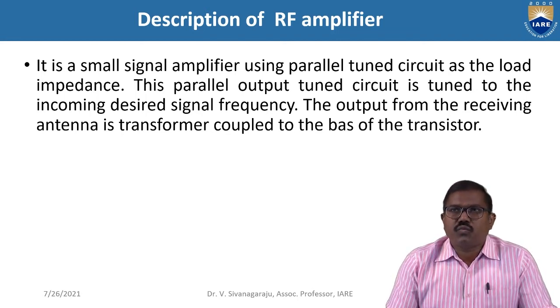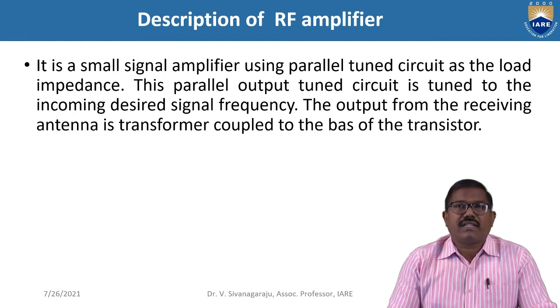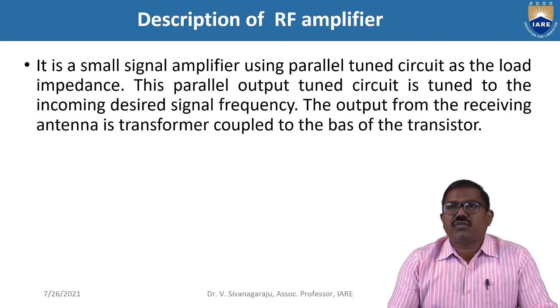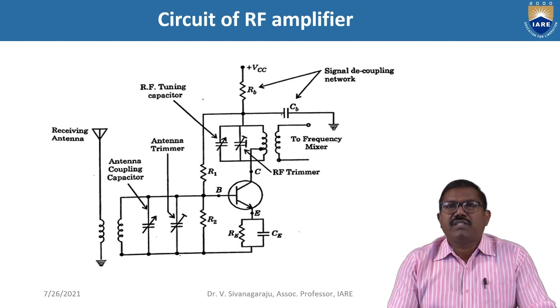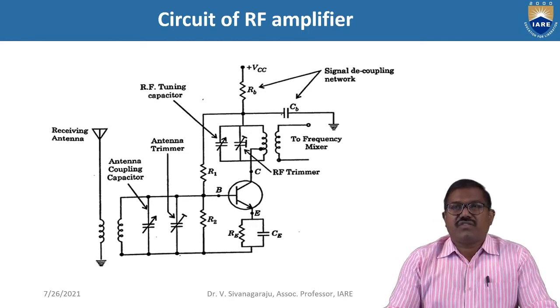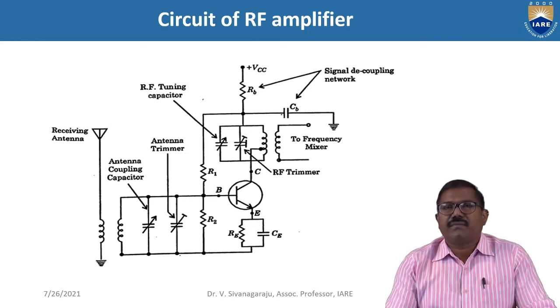So this parallel output tune circuit is tuned to the incoming desired signal frequency. The output from the receiving antenna is transformer coupled to the base of the transistor. So in this picture, we can see it is connected to the base of the transistor.